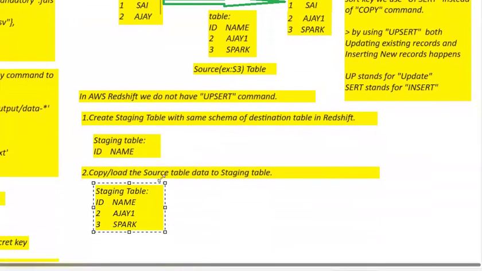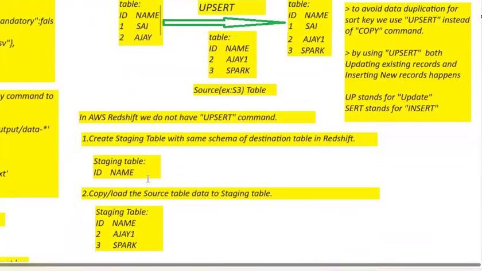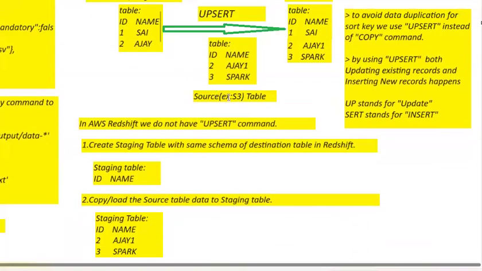So if we load or copy our source table data to the staging table, then our staging table data will become like this. For this particular example it becomes like this. Since the source table contains this data, the data will be copied to our staging table in the second step.